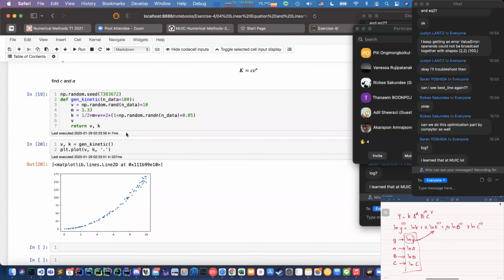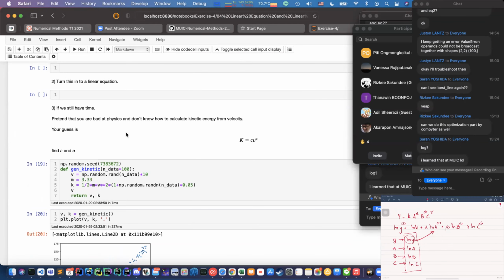Let me show you something more concrete. Suppose that you forgot what kinetic energy is in physics. So you have K equal to C V to some power. You don't remember this, number 2, right?